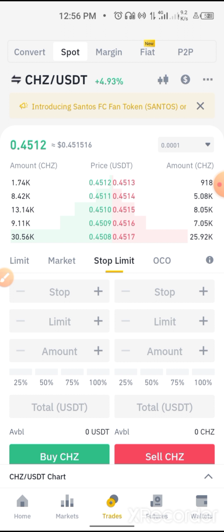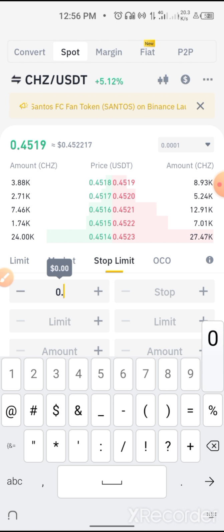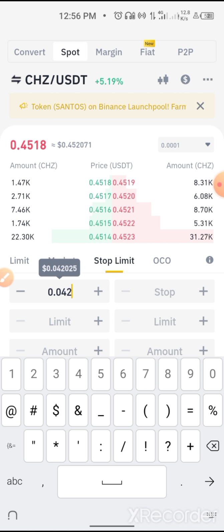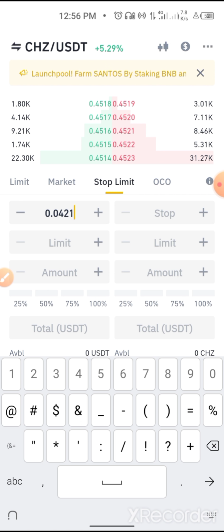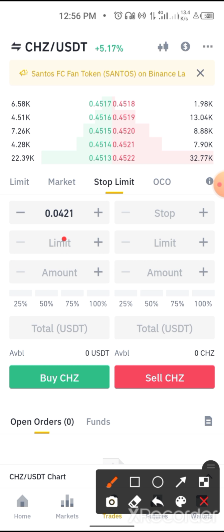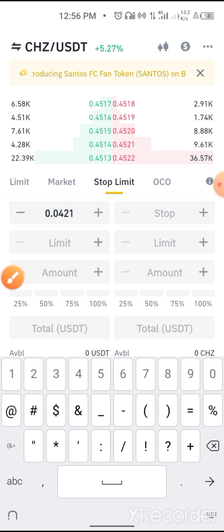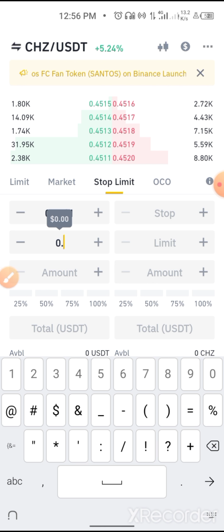This is what I mean. This is the limit order. This is the stop. Once you get to this point, the exchange puts your limit order on the order book. Don't forget that. Let's say you want to buy at 0.39.